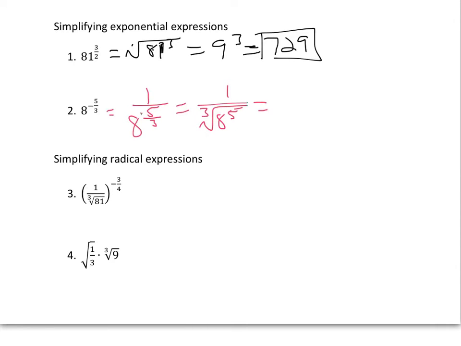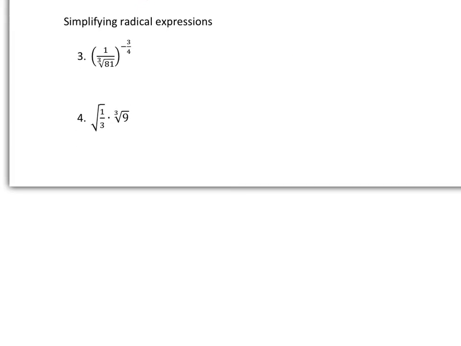It's going to be helpful when we get to later things if you challenge yourself rather than just rely on your calculator, because you're going to need to do stuff like this later. Okay, so we can take the cube root of 8 first. Cube root of 8 is 2, and 2 to the 5th, 2 times 2 times 2 times 2 times 2, is 32. So 1 over 32. If you plug it in your calculator, hit math fraction, enter, you would still be able to get 1 over 32. Okay, so that's at least a good way to check your answers.